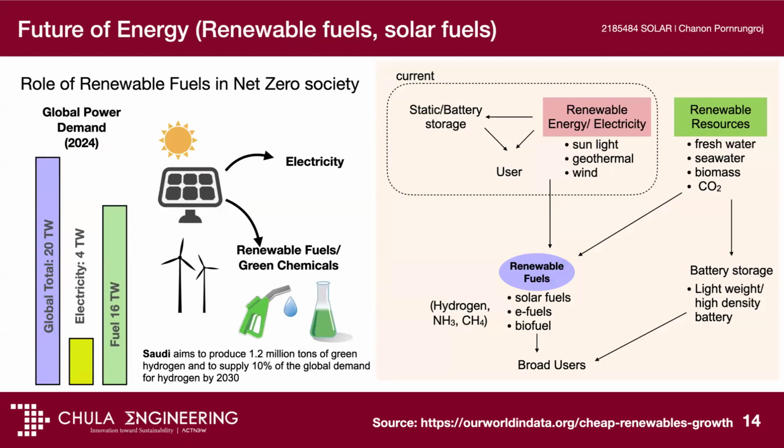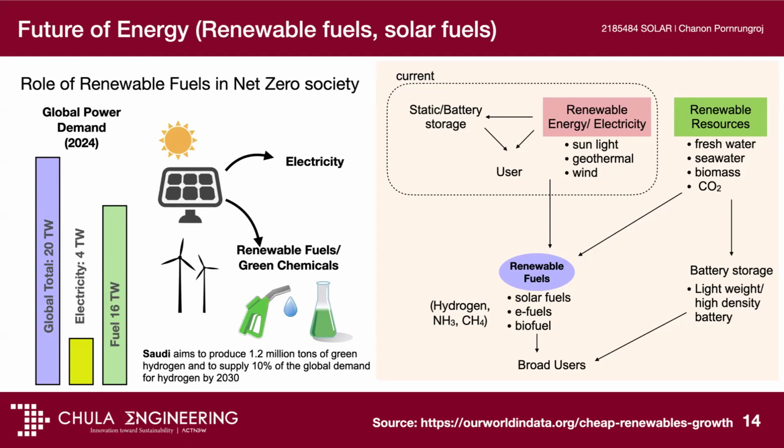Why do we want to convert solar energy into chemical fuels? I think this picture explains it very well. If you look at the global power demand, look here, 20 terawatts. That's what we need in 1 year to support our modern society.